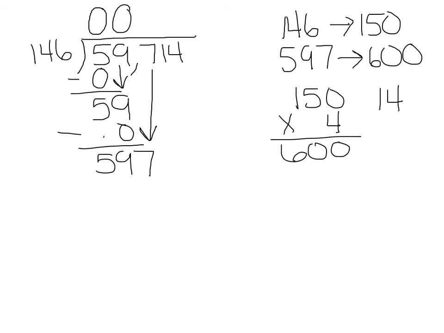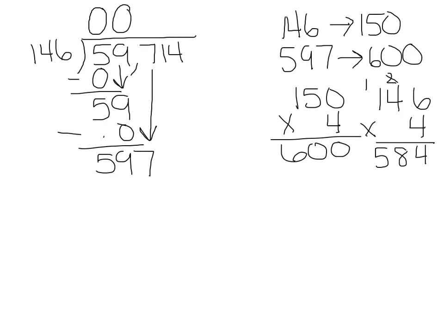So let's try. 146 times 4. And when I multiply that out, I would get 4 times 6 is 24. 4 times 4 is 16. Plus 2 is 18. 4, and then plus 1 is 5. 584. Now that definitely has to be my answer because it's really close to 597.